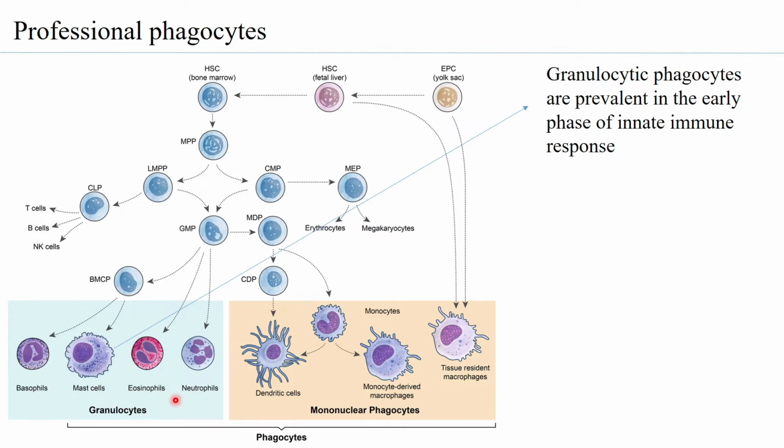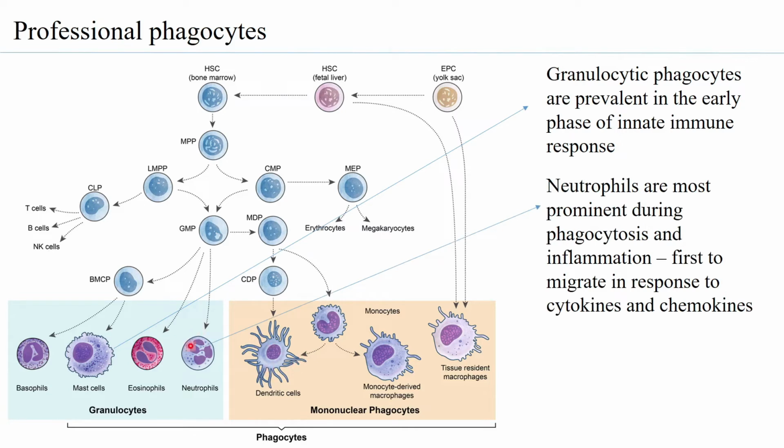Neutrophils are generally able to look at all foreign particulate matter. Any type of foreign particulate matter can be addressed by the neutrophils, and they are prominent during phagocytosis, so their number increases. One of the ways by which doctors are able to predict that there is an infection is by looking at the number of neutrophils, whether they are in the normal range or whether they have gone beyond a certain range.